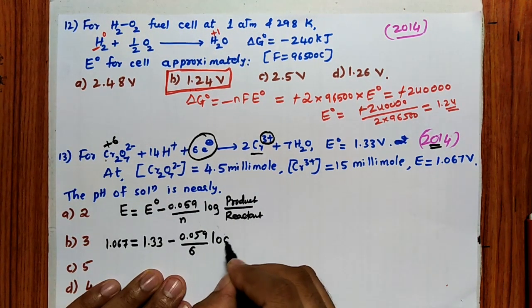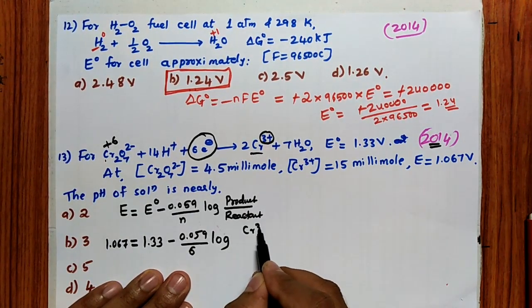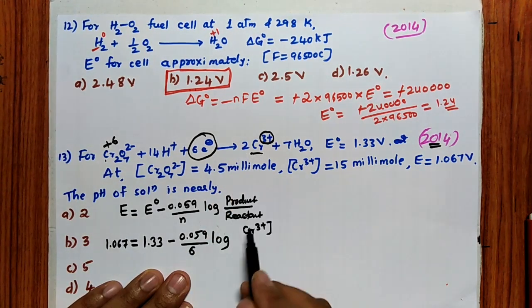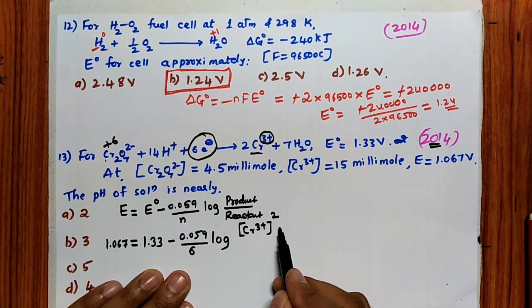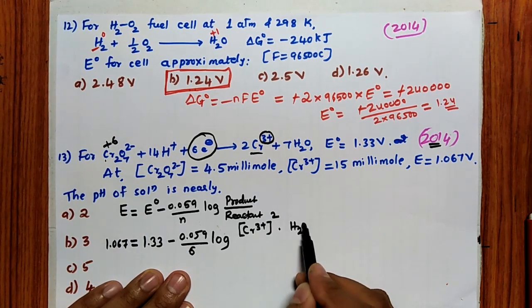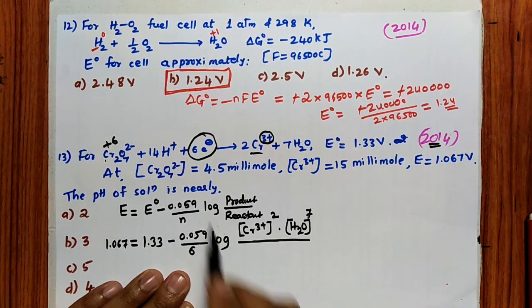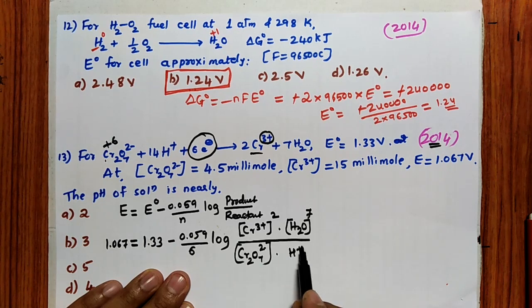Now very important, log of product, what all there? Cr3 plus. Remember always, the stoichiometric coefficient you have to write as the power: 2 into H2O to the power 7, divided by Cr2O7 2 minus to the power 1, into H plus to the power 14.